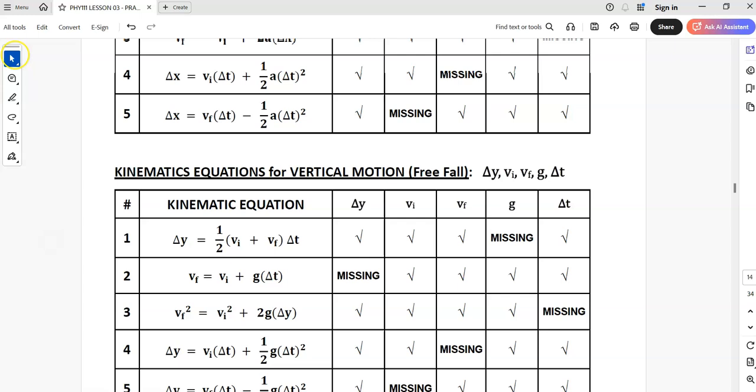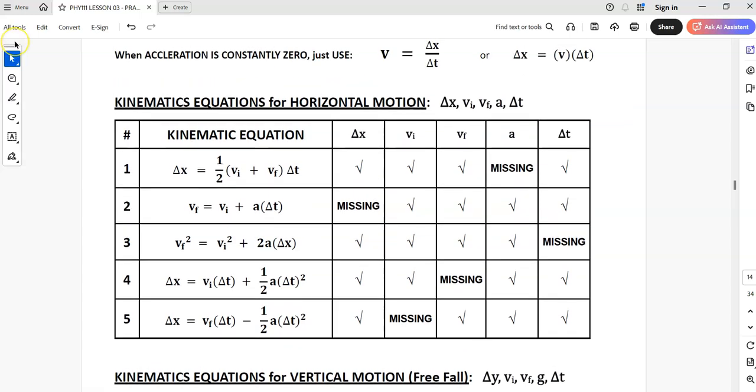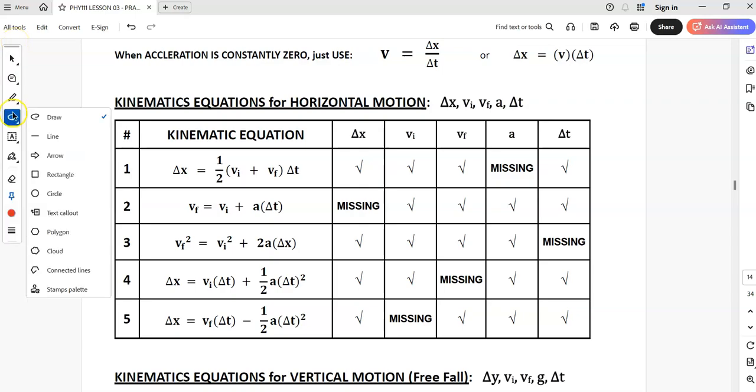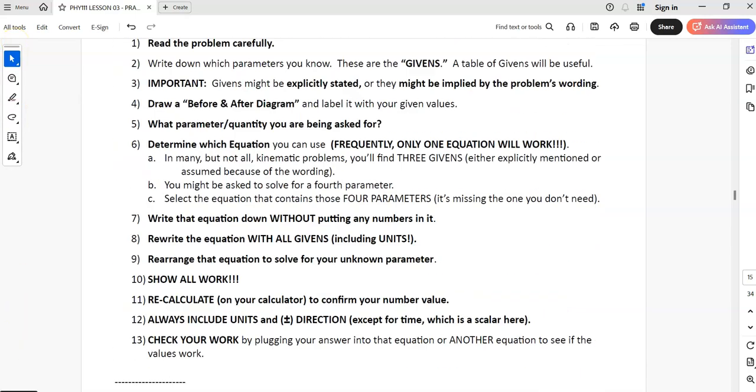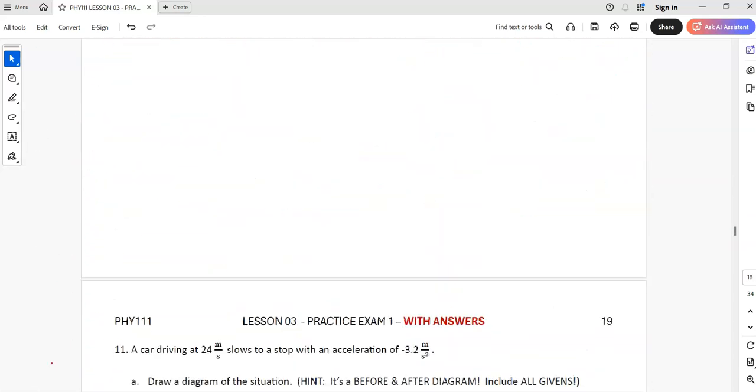Well, we go back up to the formulas, and the one that's missing time is formula number 3. Final velocity squared equals initial velocity squared plus 2 times acceleration times the change in position, also known as the displacement. So we scroll back down and we write our equation number 3.